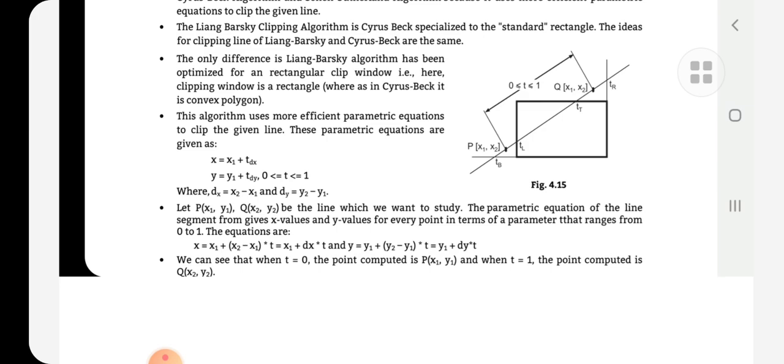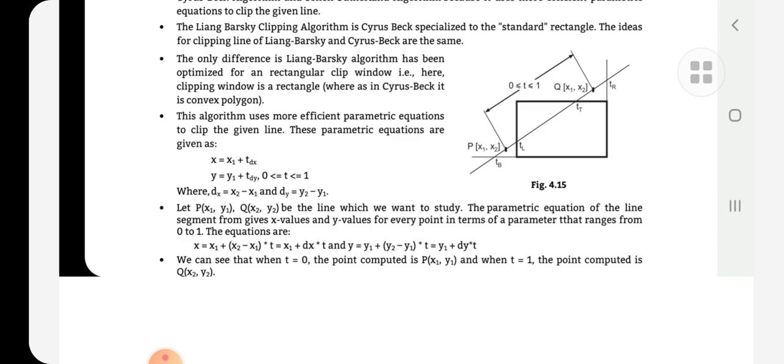So the equation is x = x1 + (x2 - x1) t, where x2 - x1 is dx, so x = x1 + dx t, and y = y1 + (y2 - y1) t = y1 + dy t. We can say that when t = 0, the point computed is P(x1, y1), and when t = 1, the point computed is Q(x2, y2).